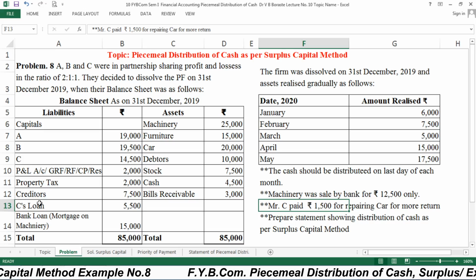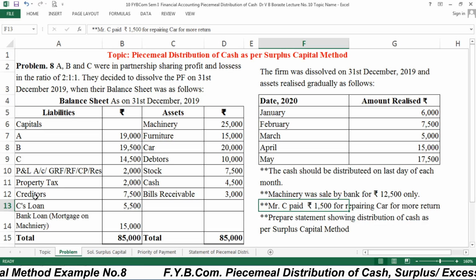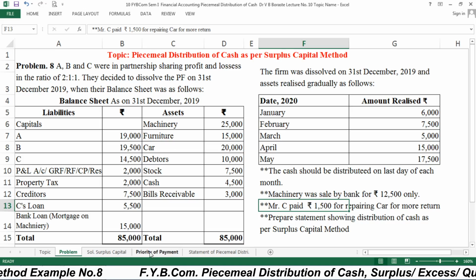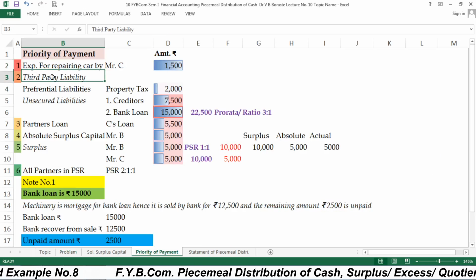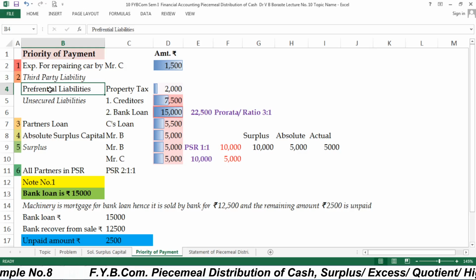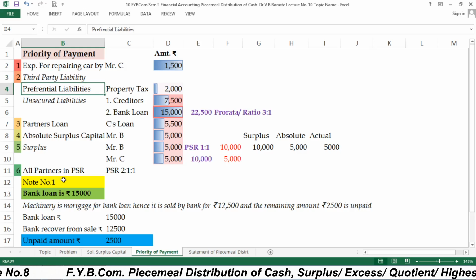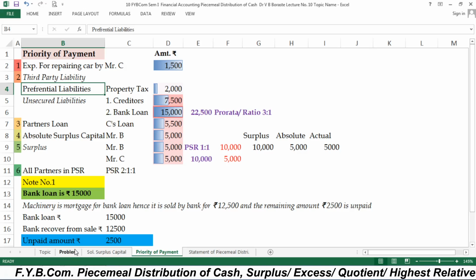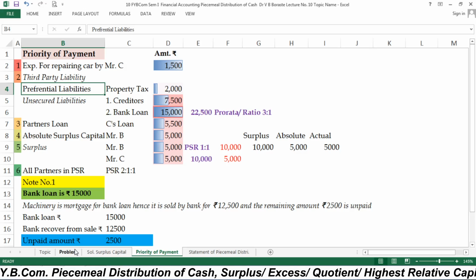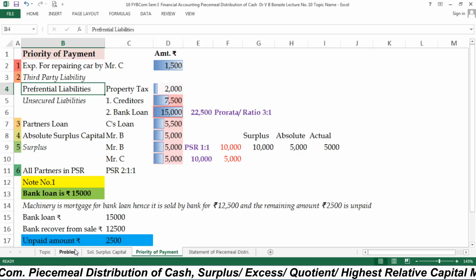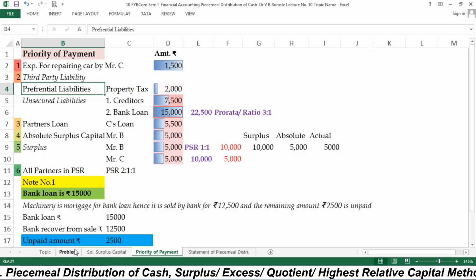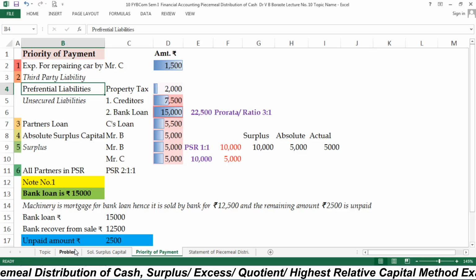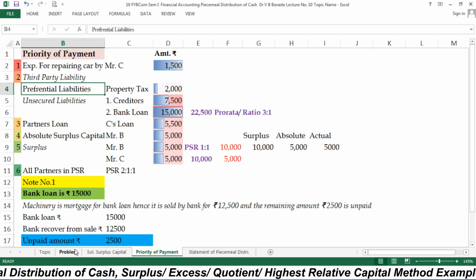After the car repairing expenses we have liabilities of property tax, creditors, C's loan and bank loan. So here you have to pay third party. In the third party, first of all you have to pay preferential liability. As I earlier said in the second video of piecemeal distribution of cash, the introduction part, where I mentioned how to calculate to whom we have to pay first. Preferential liabilities include property tax or any kind of government dues.